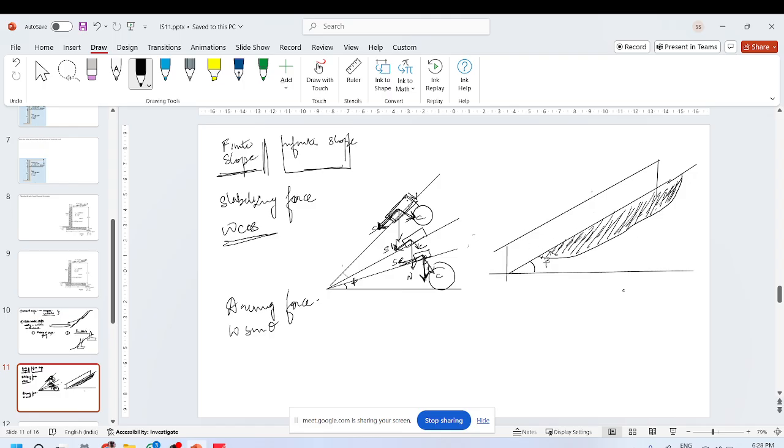What we do is we assume a slip failure, we take the weight of this failure wedge, and we factor it into your components.